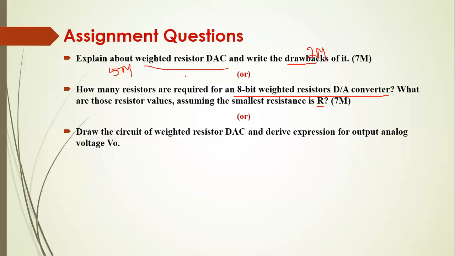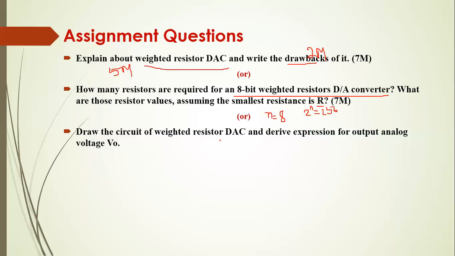Generally, our circuit is taken in terms of 4 bits, but here it is asked for 8 bits. So we have taken N is equal to 8, and we have to calculate the 2 power N value and represent the resistances for N combinations. So totally for 2 power 8, you will be having 256 combinations, which is difficult to represent.